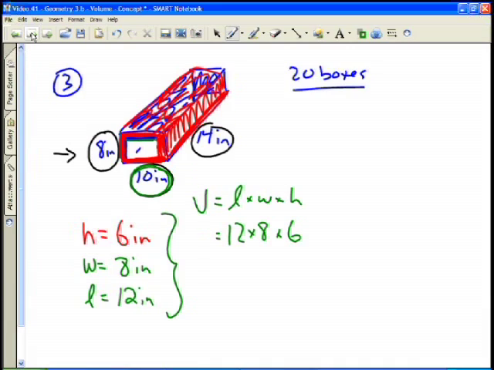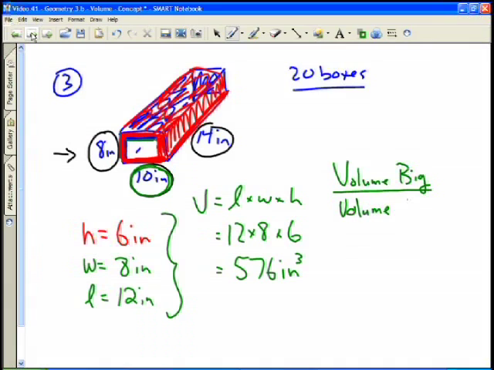And 12 times 8 times 6 works out to be 576 inches cubed. And so again, we can take the volume of the big box over the volume of the small box, and that should give us the number of boxes that can go in here now with the padding.